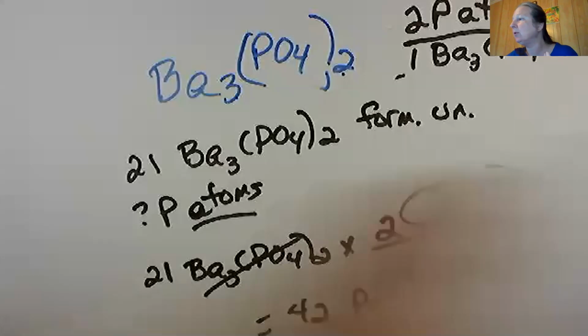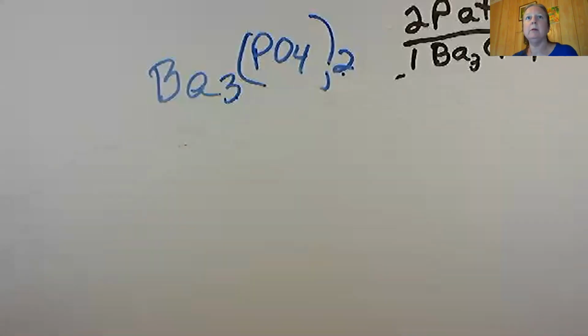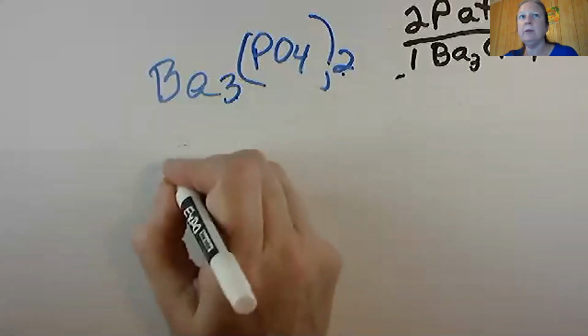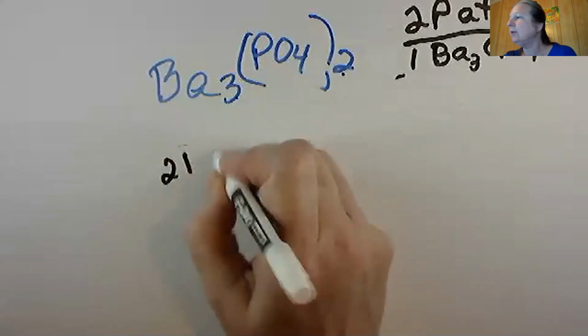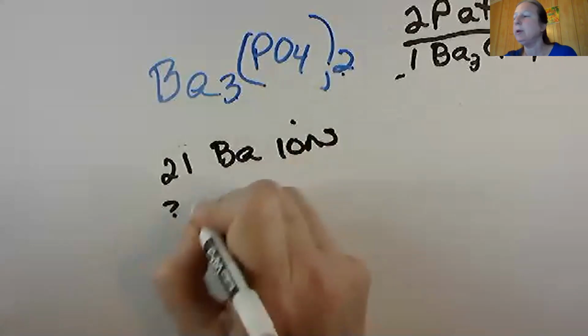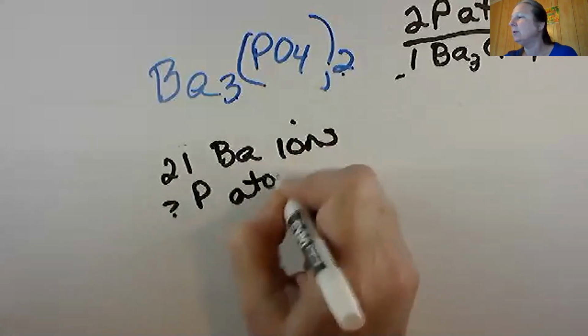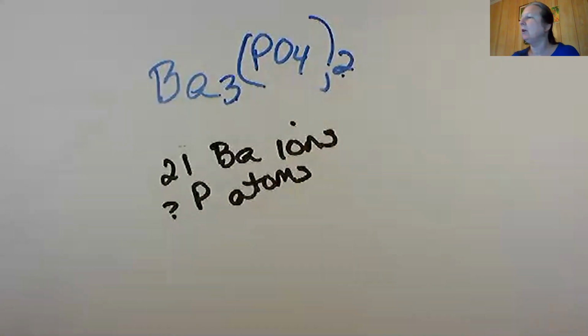The other example on the slide, what the heck? The non-corrected says you have 21 barium ions. And then the question is, how many phosphorus atoms? Well, what's our relationship? Same process.